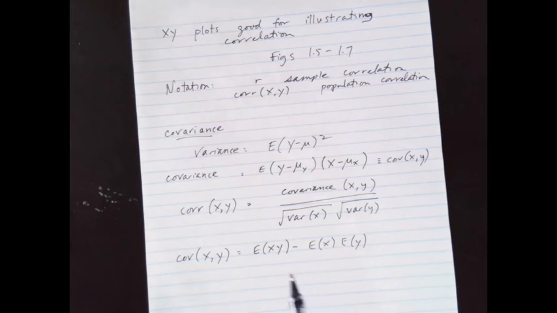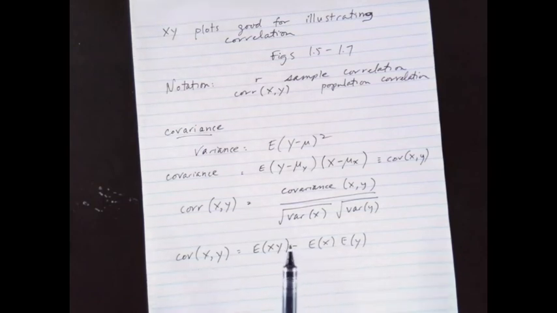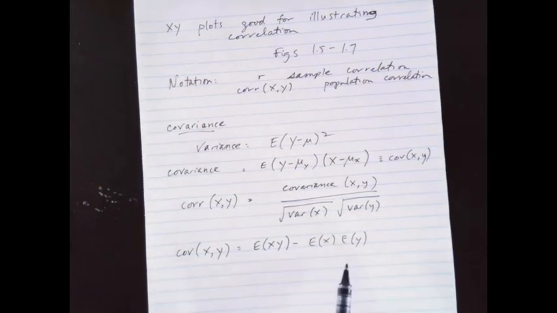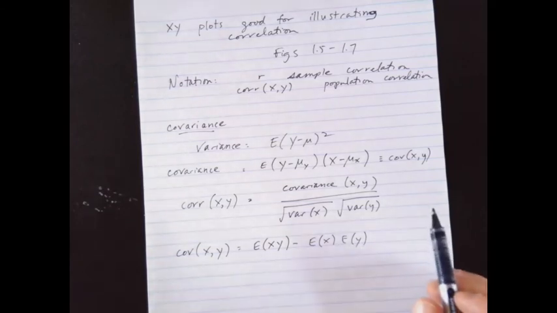And if you're wondering why that could ever possibly be true, well, if we go back to the perfectly correlated case, so x equals y, then the covariance of x with itself is the variance of x, and that equals the expected value of x squared minus the expected value of x times the expected value of x. That's the formula that we had before.